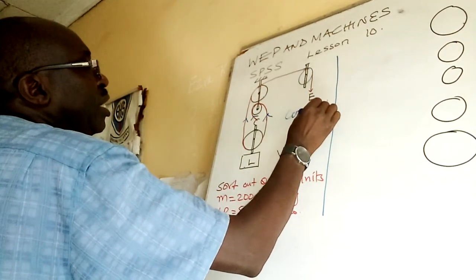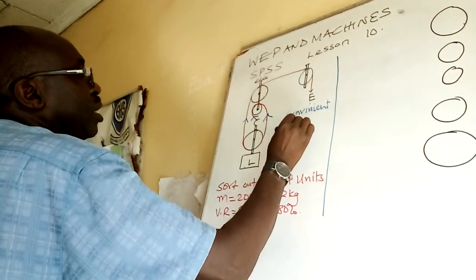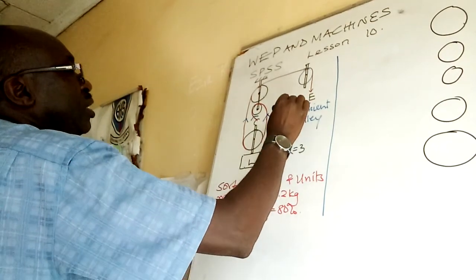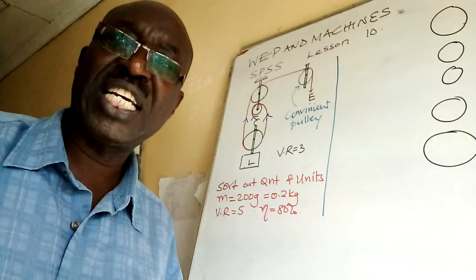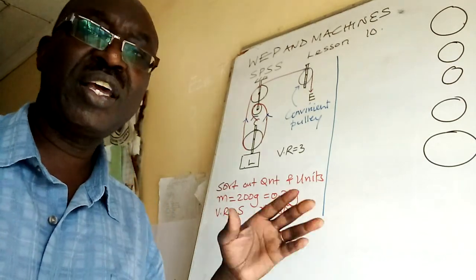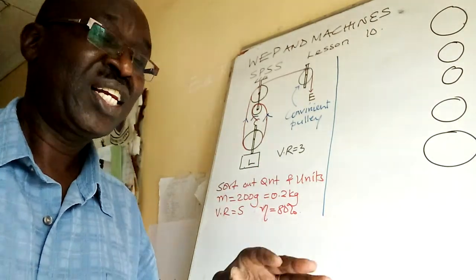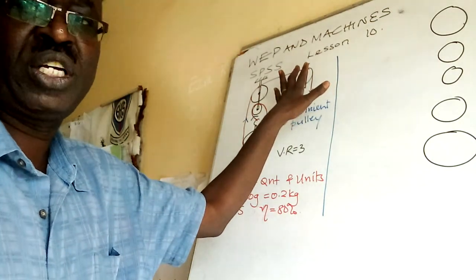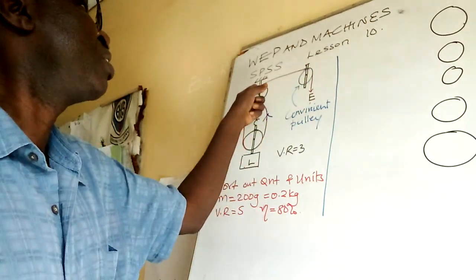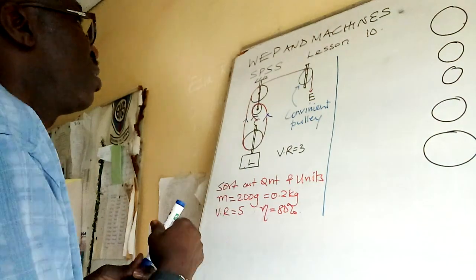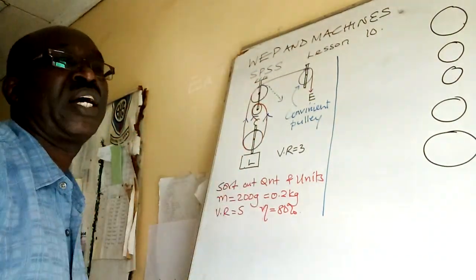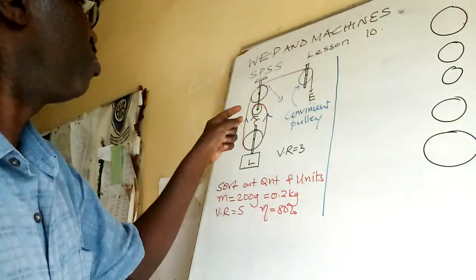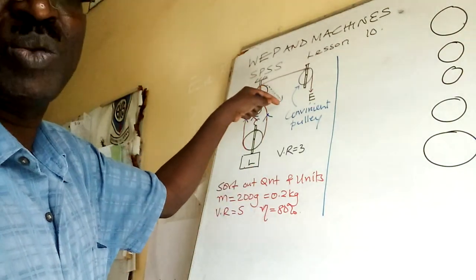This is a convenient pulley. It is just for convenience. Otherwise, even without it, if I don't use this blue pulley, the thread would be coming here. I can pull it from this point.